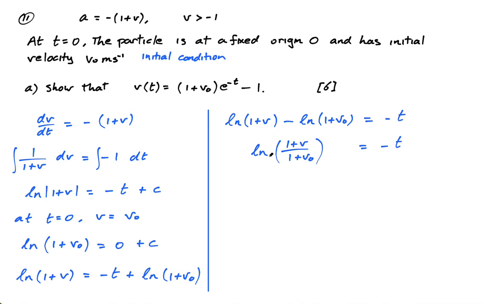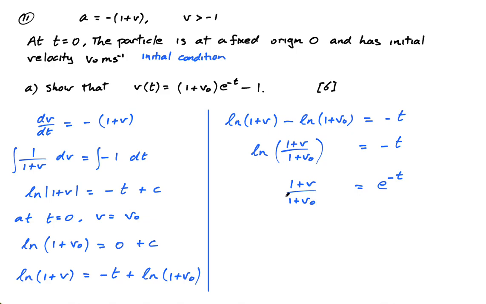Well, remember ln is log base e, so I can say 1 plus v over 1 plus v0 equals e to the -t. That's by definition, if you look in your formula booklet, how to move from a log to an exponent: you take the base of the log and raise it to this power.